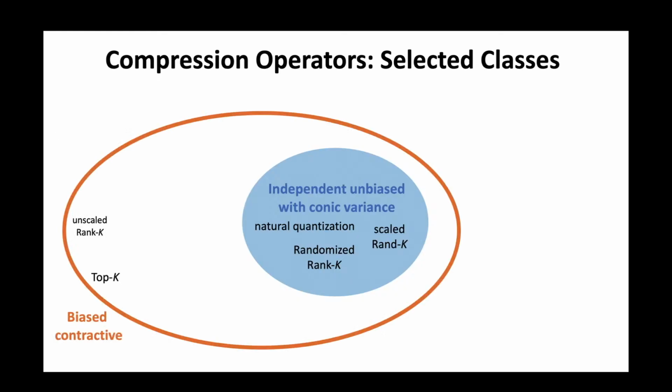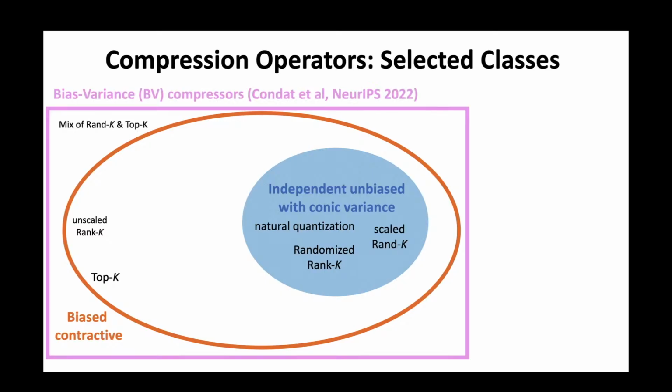Then there's this larger class of biased contractive compressors, where examples are, let's say, the Top-K compressor. The idea is that you have a vector, you take the absolute values of all the entries of the vector, and you keep only the top K values in magnitude. Rand-K would be where you take a random subset of those values of the gradient.